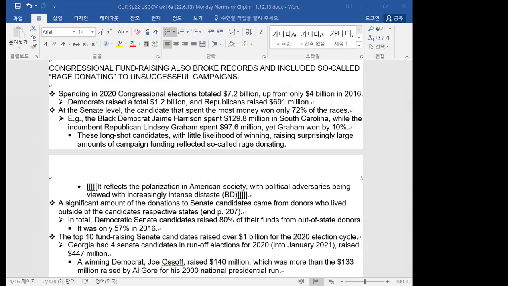No, this one. So yeah, he's chairman of the Democratic National Committee, partly because he was so successful in raising money, even though he couldn't beat Lindsey Graham, a pro-Trump acolyte.